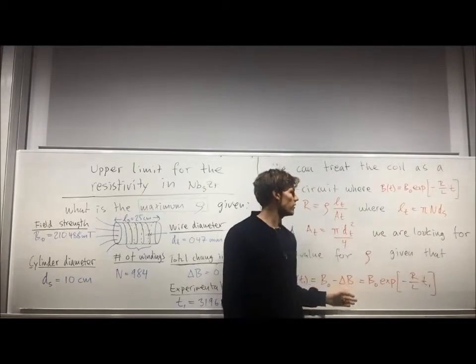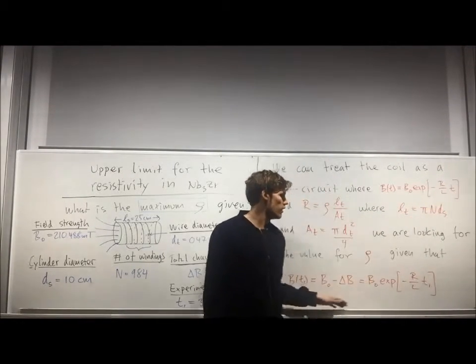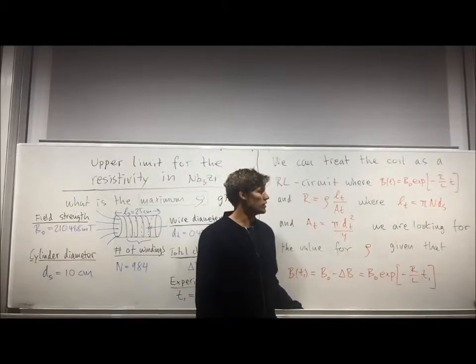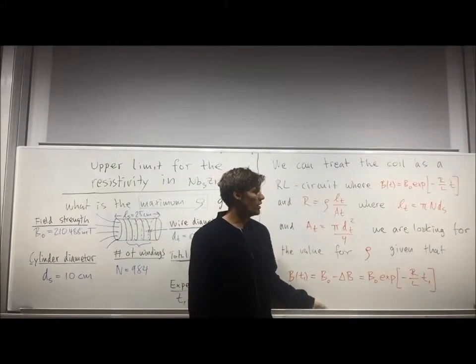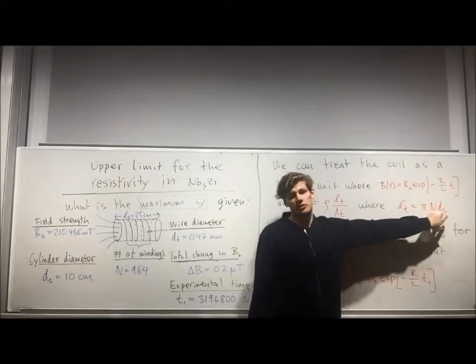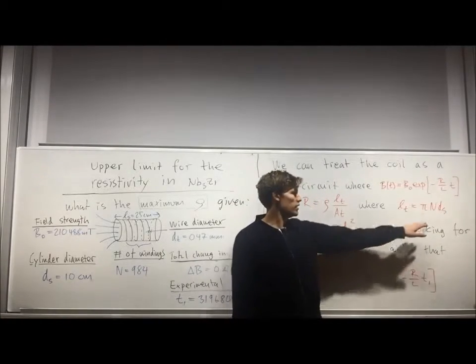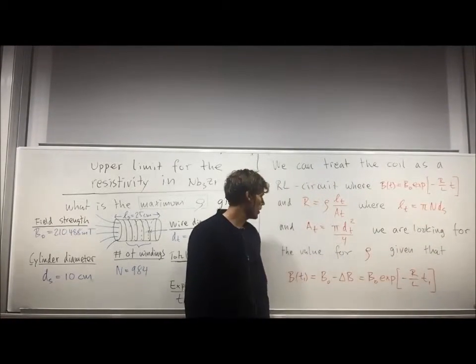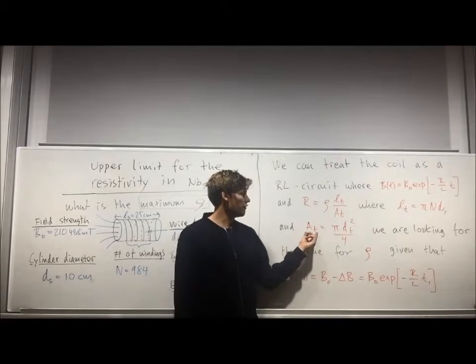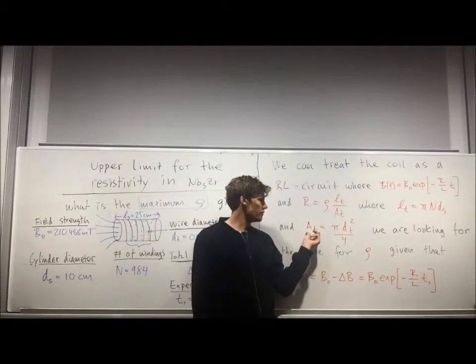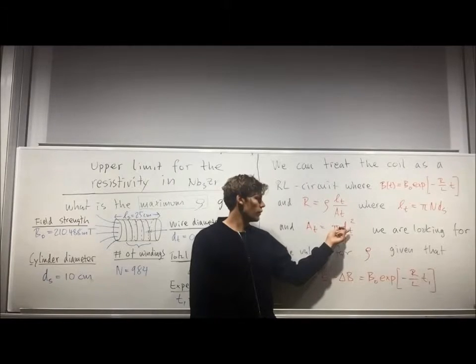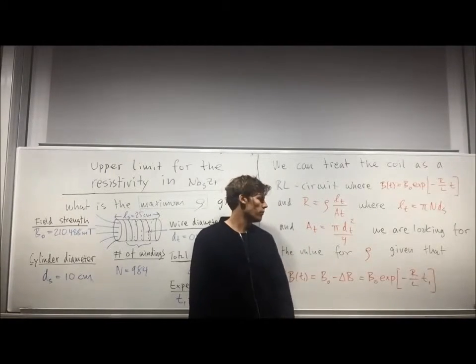But for the moment, we'll just point out that the length of the thread is the number of windings times the circumference, which is the diameter times pi. Similarly for the thread area, it's the diameter of the thread squared times pi divided by 4.